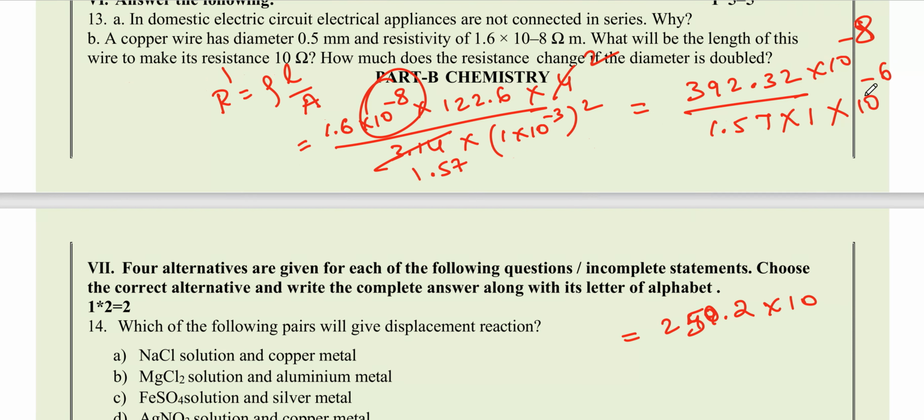If minus 6 goes up, plus 6, minus 8 plus 6 is minus 2. Minus means move the decimal 2 digits back, plus means 2 digits forward. So it becomes 2.5 ohm. So this is the new resistance. Understood? Very good, children.